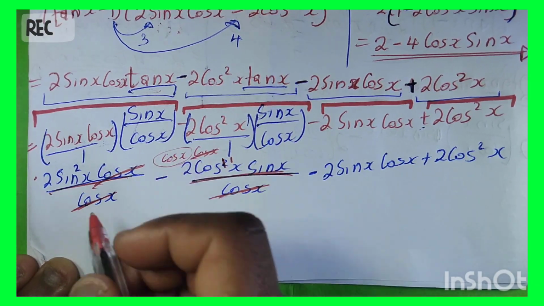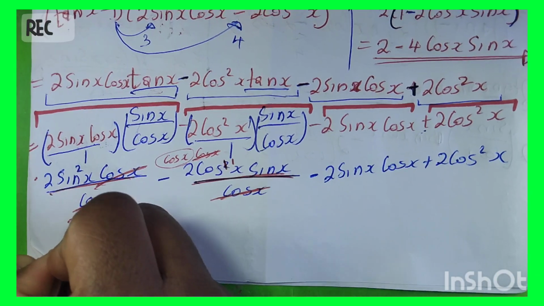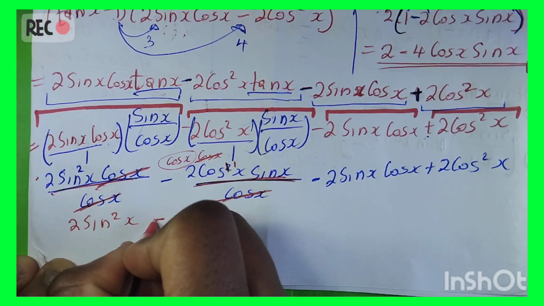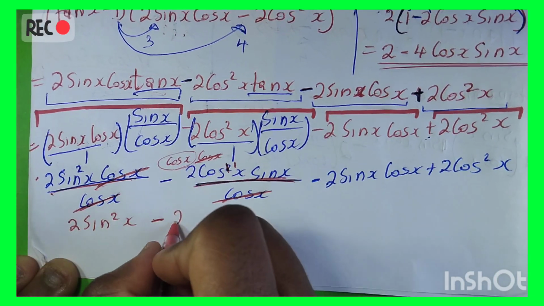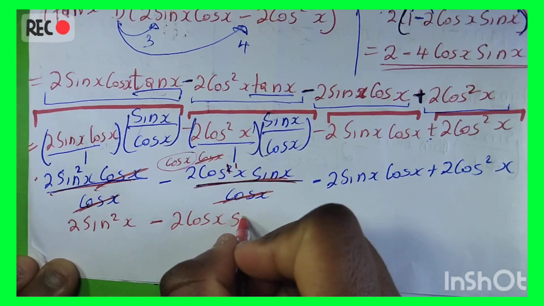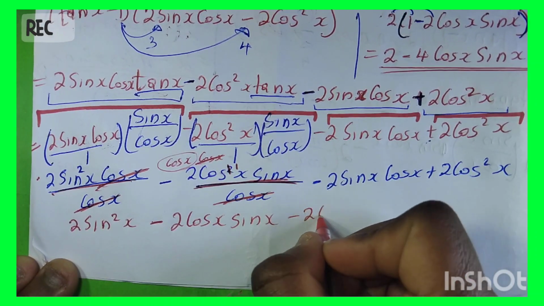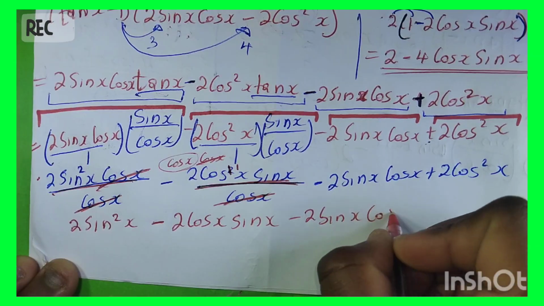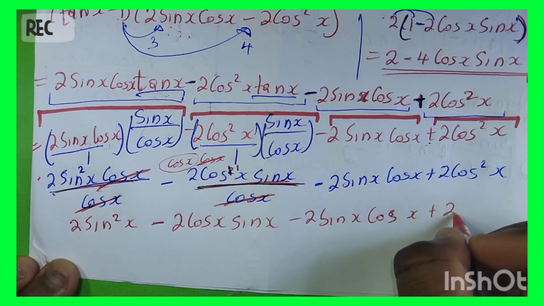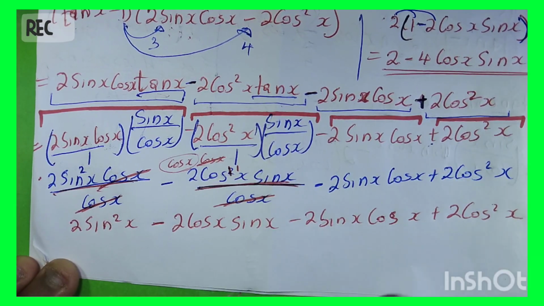So here I will be left with 2 sin x minus, then for here I will only be left with 1 cos, minus 2 sin x cos x plus 2 cos x there.